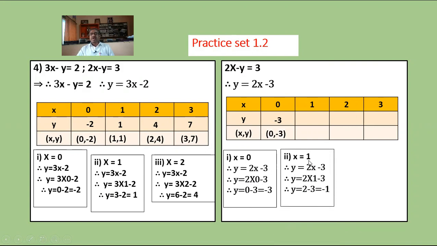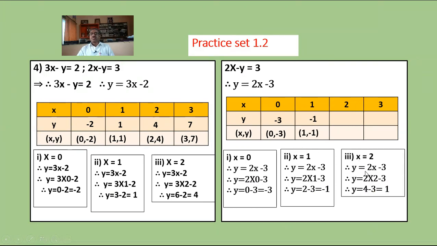Second, x is equal to 1, then y is equal to 2 multiplied by 1 minus 3, 2 minus 3 is equal to minus 1, and then we get the coordinate (1, minus 1). x is equal to 2, therefore y is equal to 2x minus 3, 2 into 2 is 4, 4 minus 3 is equal to 1, therefore we get the coordinate point (2, 1). And when x is equal to 3, 2 threes are 6, 6 minus 3 is equal to 3, so y is equal to 3, and then we get the coordinate point (3, 3).